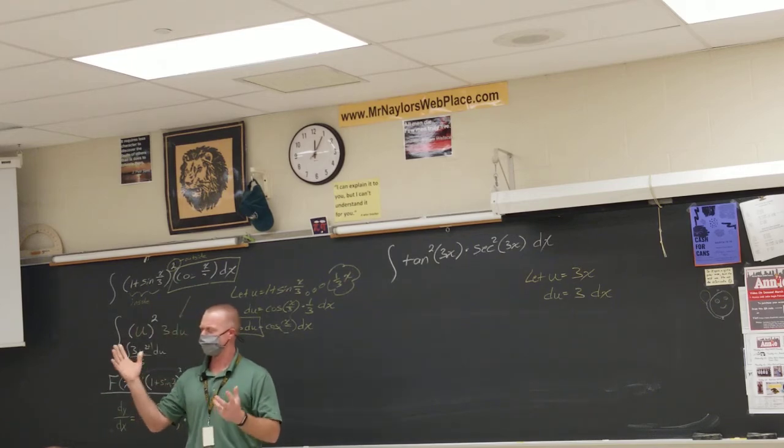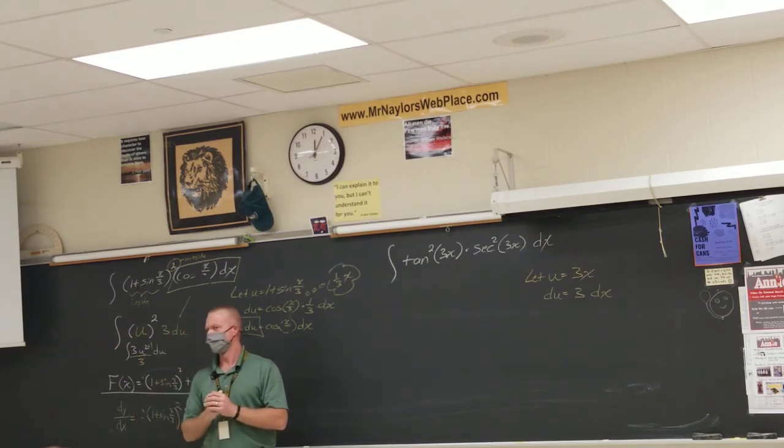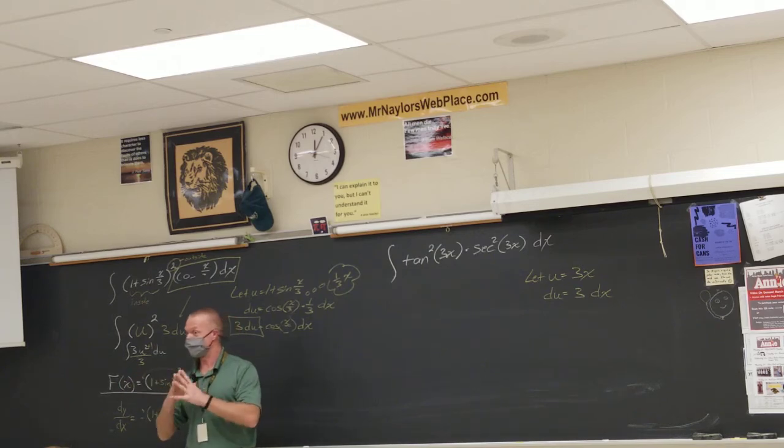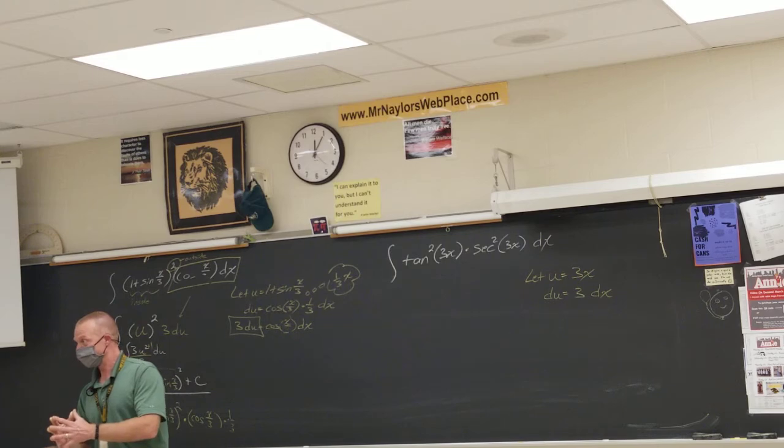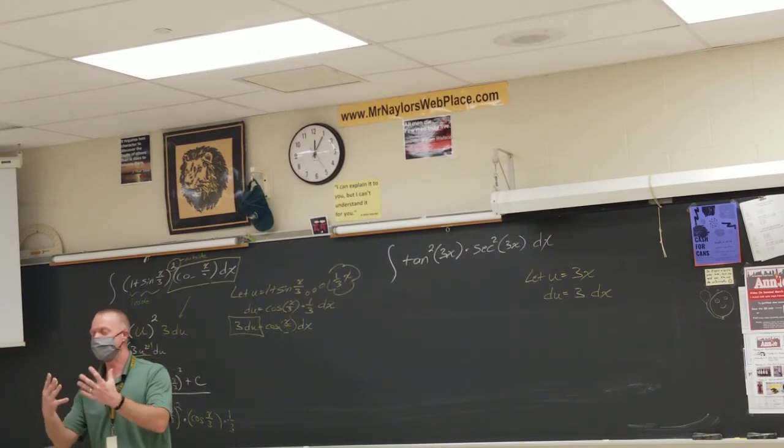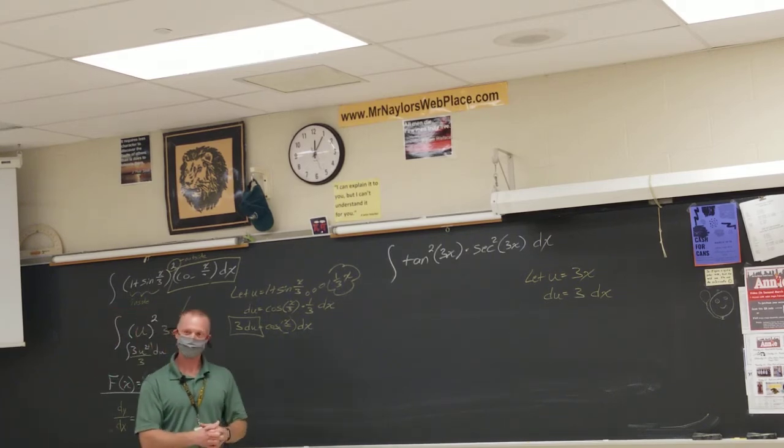What's the derivative of the tangent of 3x? Oh, good. You're getting into the details, but the derivative of tangent is secant squared. Okay, you've got to figure out how that applies to this problem.